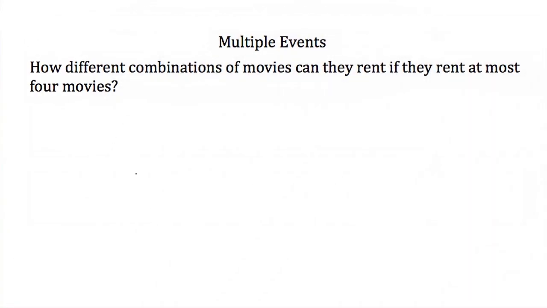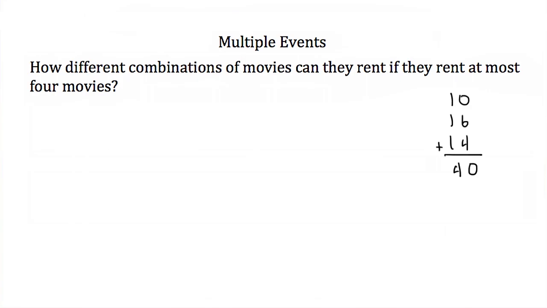But what if I said, since they wanted to rent different movies, they would together just rent at most 4 movies? Well, remember, there's 10 action movies, there's 16 comedies, and there's also 14 dramas. So there's a total of 40 movies to choose from.